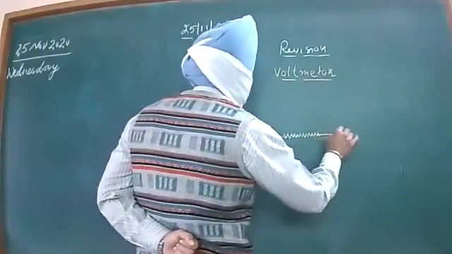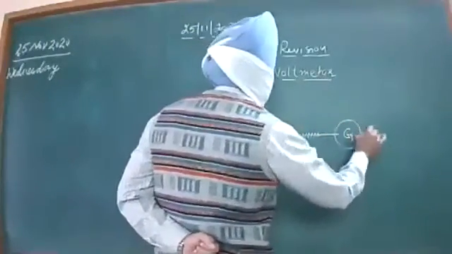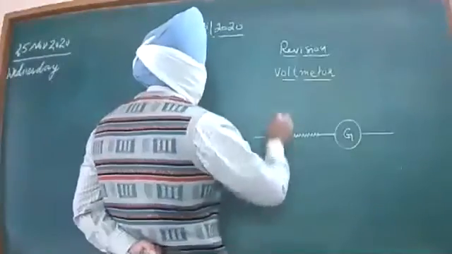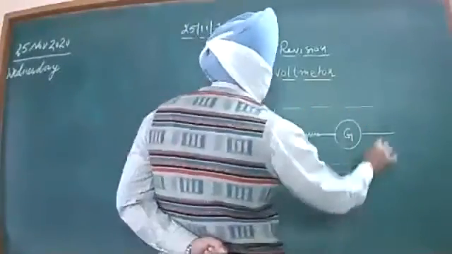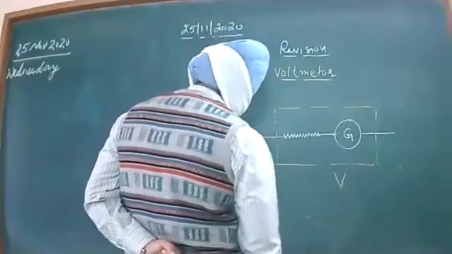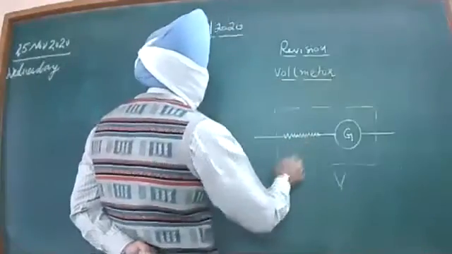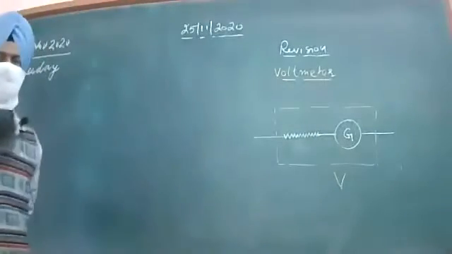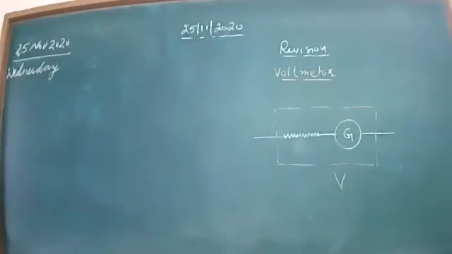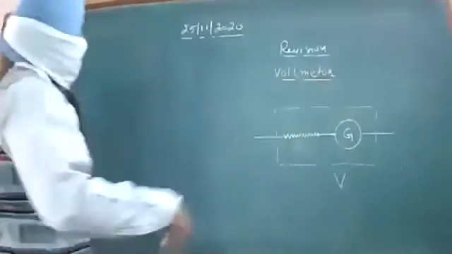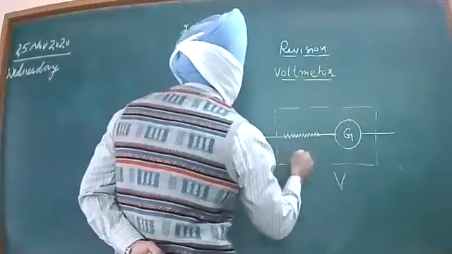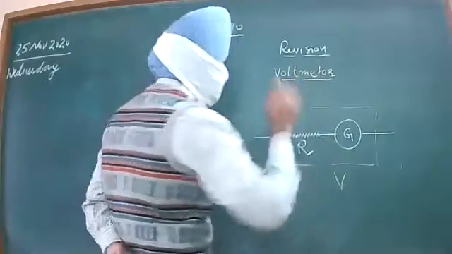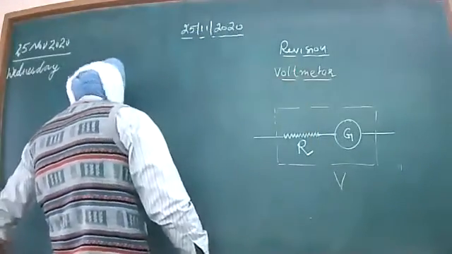Let it be a large resistance, and let it be your galvanometer, and this whole setup is termed your voltmeter. Imagine that this is the resistance; you can call it S or R, it will play one and the same role. But because we have reserved the term S for the shunt, and here this has large resistance, I will mark it as R.